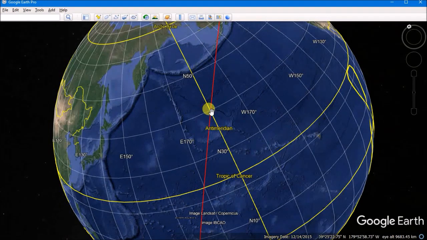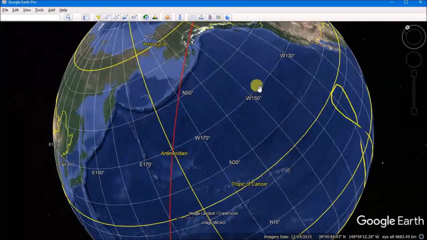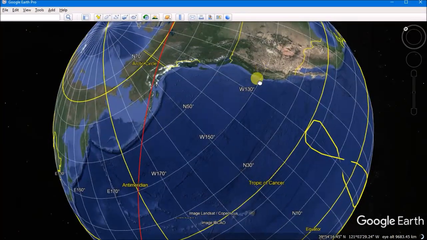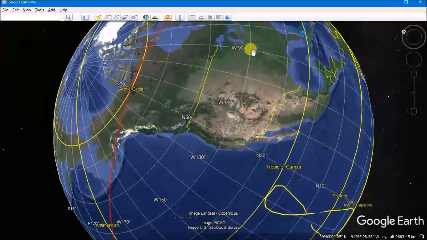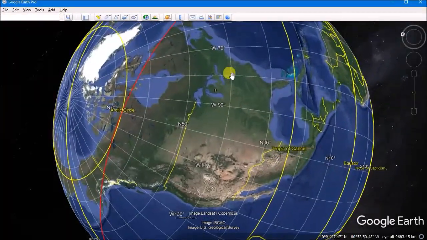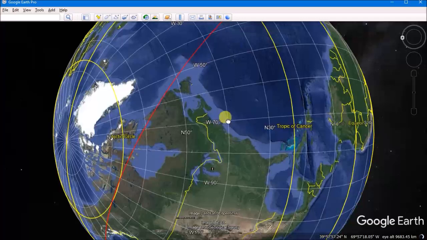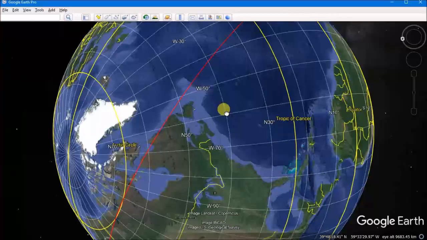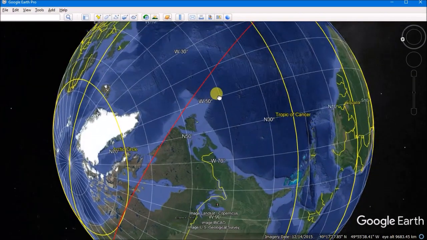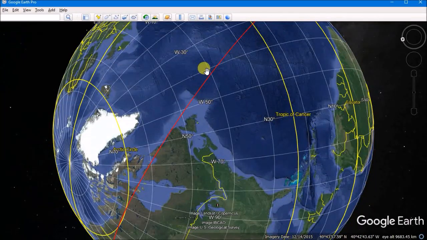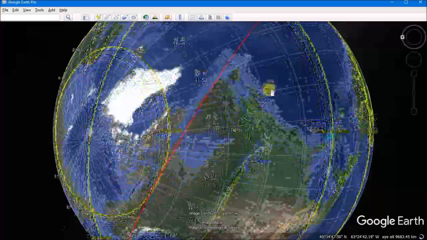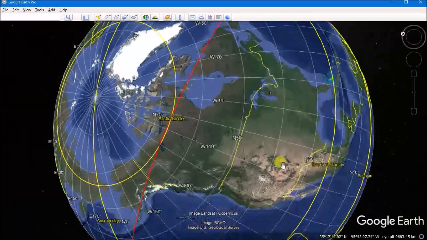Okay, so latitude 40. Here is sunrise: 10 degrees, 20, 30, 40, 50, 60, 70, 80, 90, 100, 110, 120, 130, almost 140 degrees. Now we divide that by 15 degrees, and that would be the day length in hours.